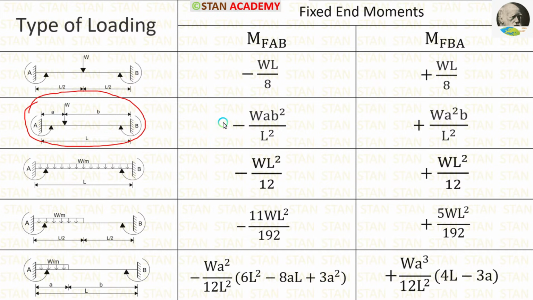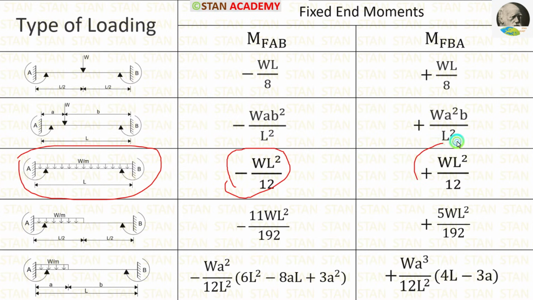The formulas for the fixed end moments are minus WAB square upon L square and positive WA square B upon L square. In the span BC, there is UDL acting for the full span, so we have to select this condition. The formulas are minus WL square upon 12 and positive WL square upon 12.